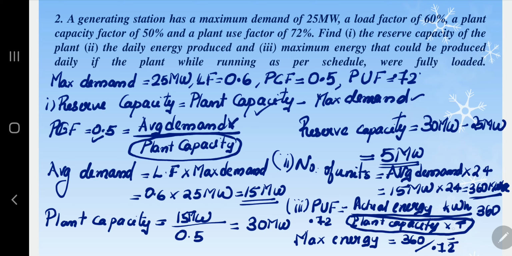Dividing these two, you will get the answer as 500 megawatt hour per day. In one day, the maximum energy that can be produced will be 500 megawatt hour per day.